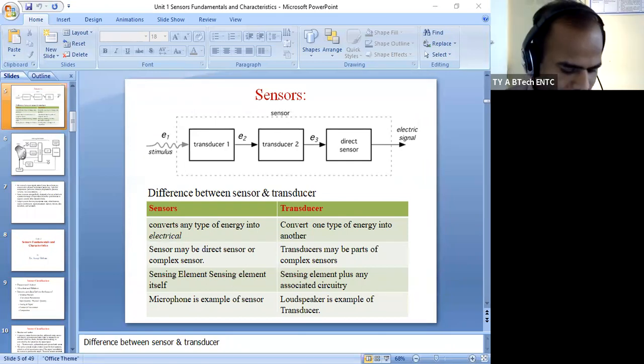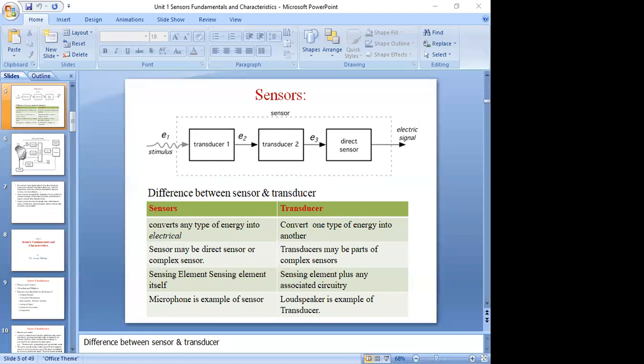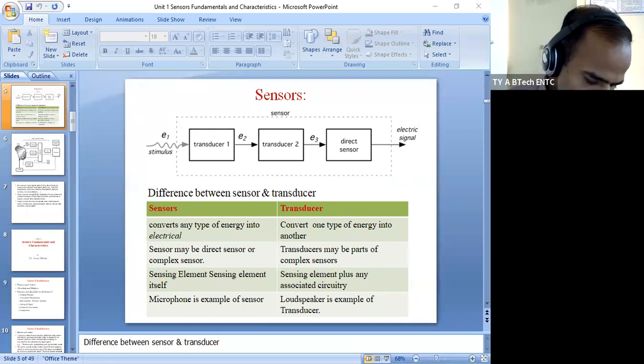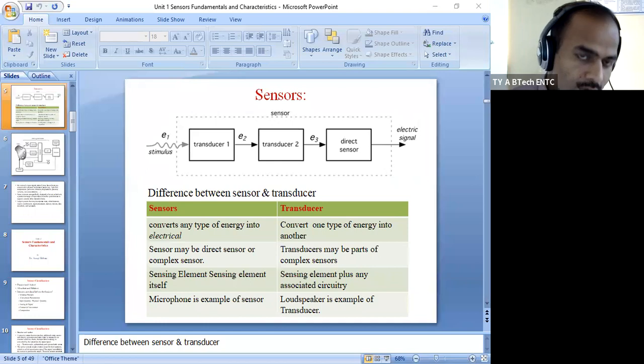Who is else? 35. Sir. 44, sir. 44. Next candidate. Okay. Then 25. 25. Okay. 31. NSS. 35. 24. 24.